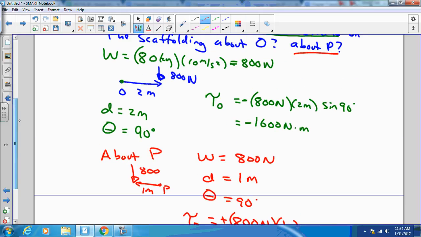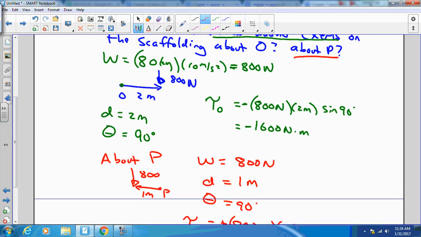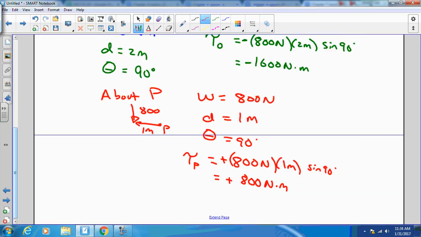So notice again, as I said before, the same downward pointing force caused a negative torque about O, but a positive torque about P. Why? Because we were talking about pivot points, rotational points, that were on two different sides.